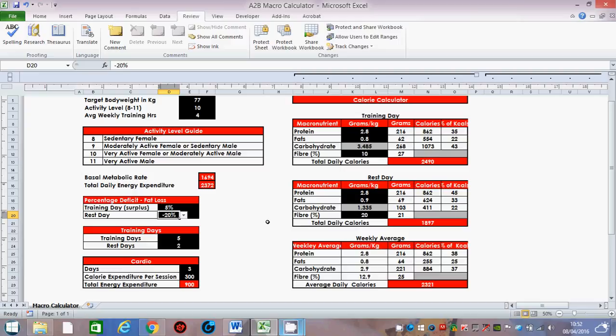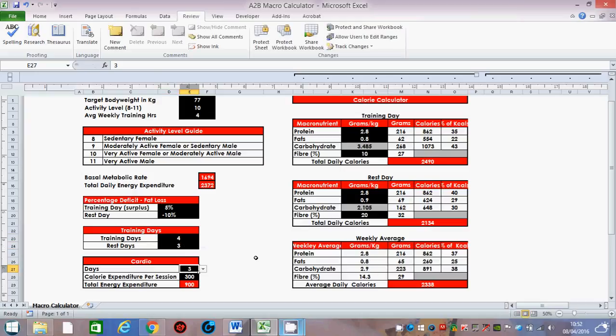On my rest days, I'm going to try and get about 10% less than my targets. Those days I don't tend to move about a whole lot, and I'm not doing any weight training in the gym. So I'll adjust my training days: 4 training days per week, and that is obviously 3 rest days.